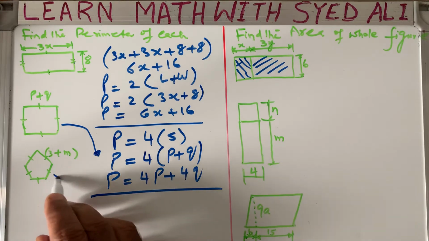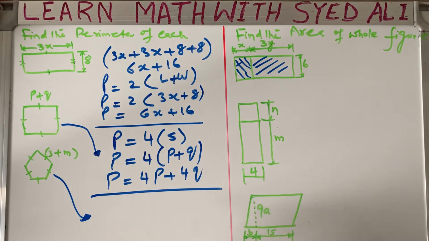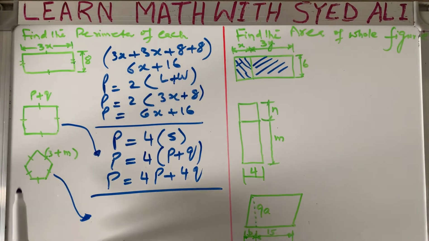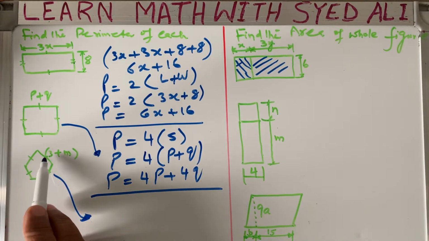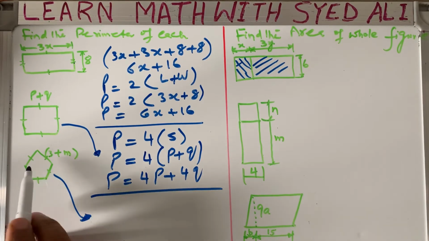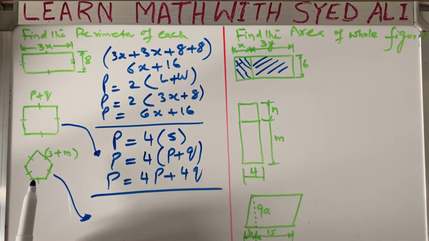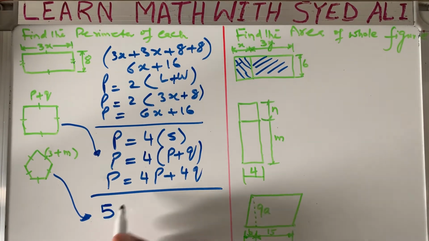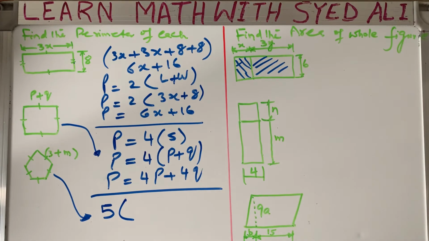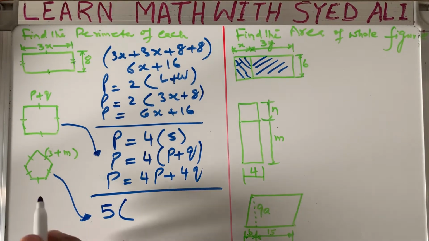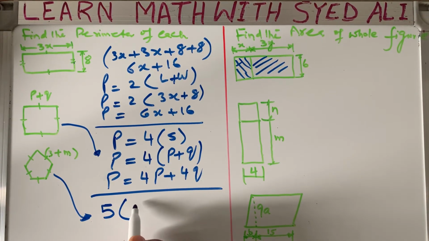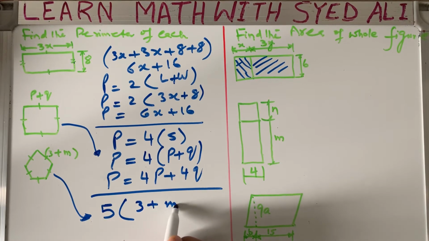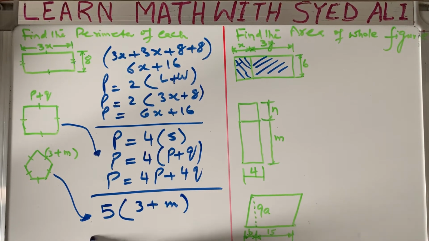Number 3 comes here. Now we can see again the same mark on each side, so that means all 5 sides of this pentagon are equal. Five sides means 5 times what? The side, since we are doing perimeter. What is the side? 3 plus m. With the distributive property of multiplication, we say 15 plus 5m.